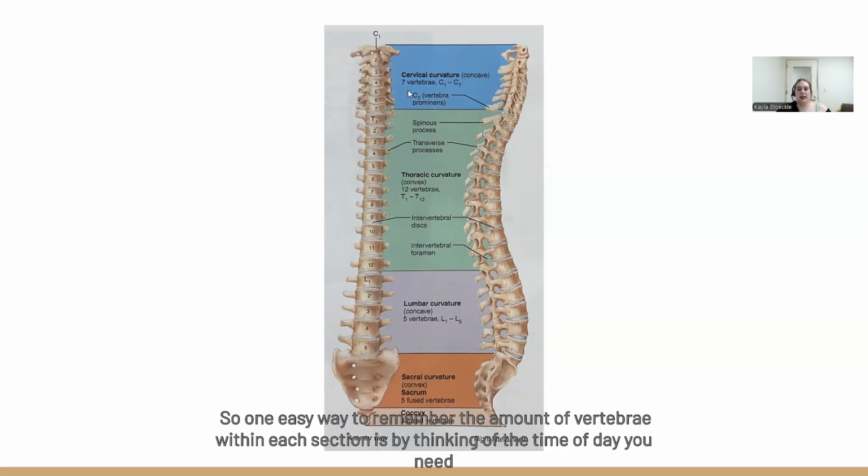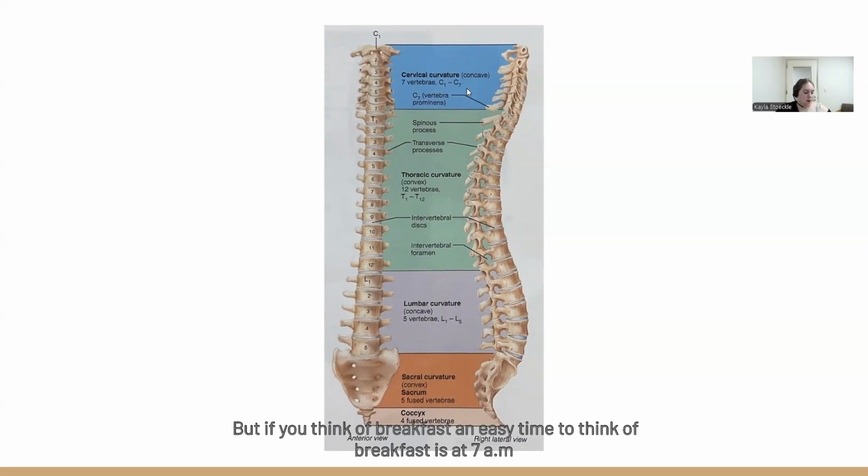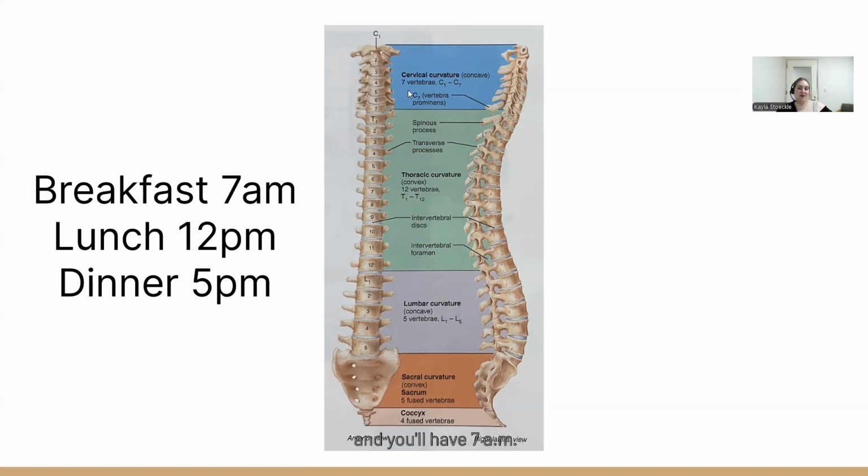So one easy way to remember the amount of vertebrae within each section is by thinking of the time of day you eat. So this doesn't apply to every person, but if you think of breakfast, an easy time to think of breakfast is at 7 a.m. So the first part of the vertebrae, the cervical vertebrae, would be at breakfast time, and you'll have 7 a.m. So you have 7 cervical vertebrae.